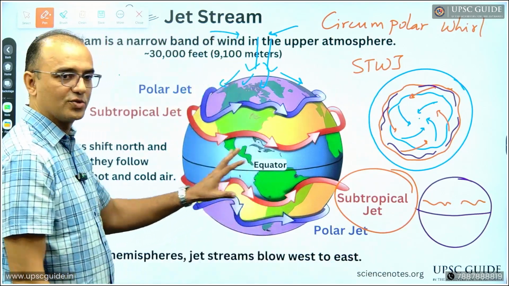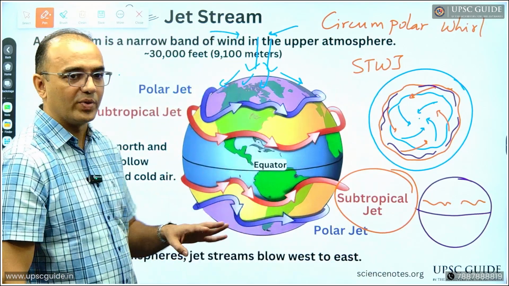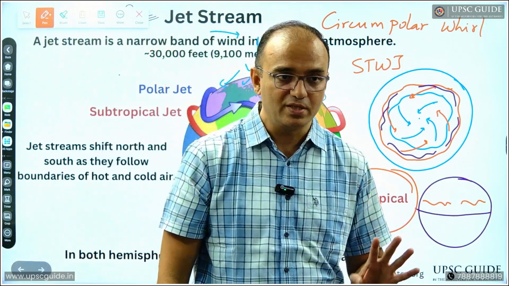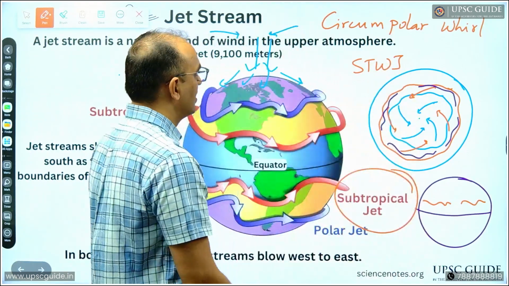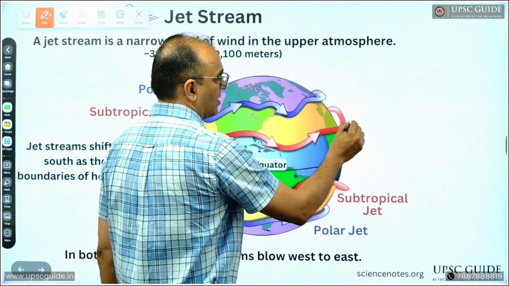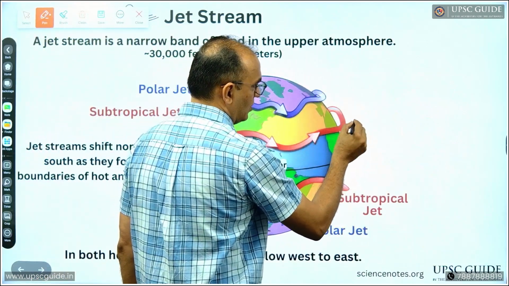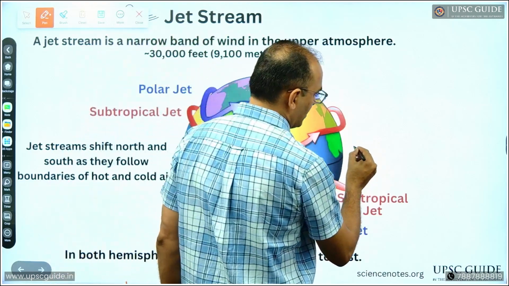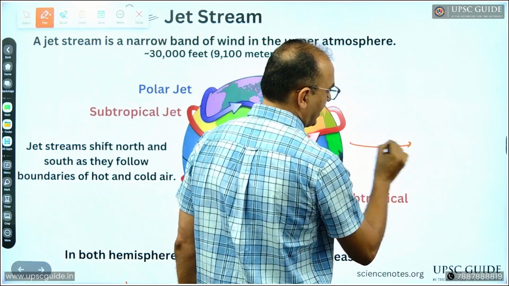But before that, you understood jet stream, right? So there are basically 4 types of jet streams across the globe. One is here, this one. Ideally, if I have to draw an accurate diagram, I'll show you. The wind moves vertically upwards here. We'll draw that diagram again.